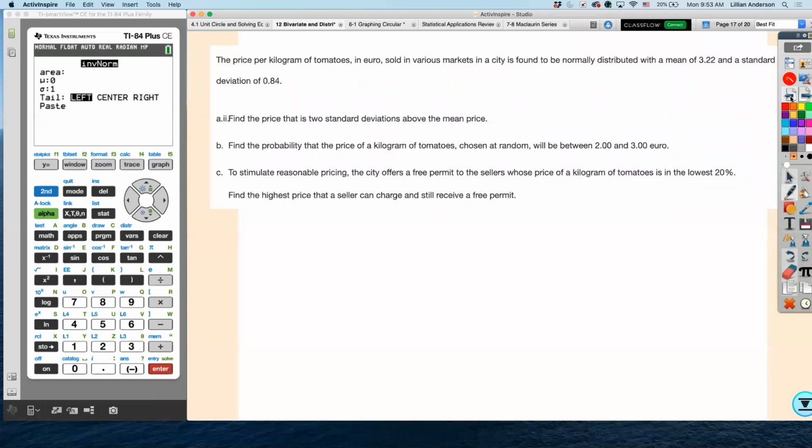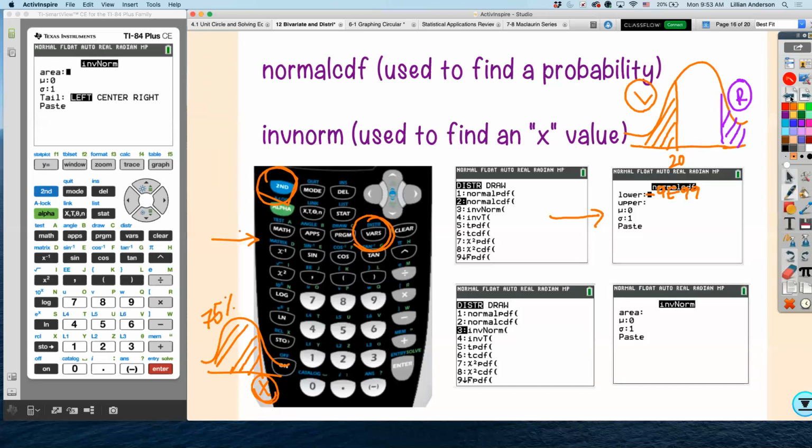So if your calculator is old school, like my old calculator was, you always have to use the probability that's to the left of your X value. If they told you that this probability was 30% or 0.30, what would I actually type in for my area? 0.70, because your calculator doesn't allow you to select left tail and right tail.